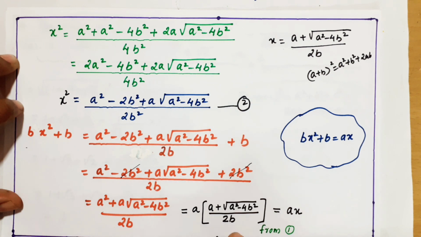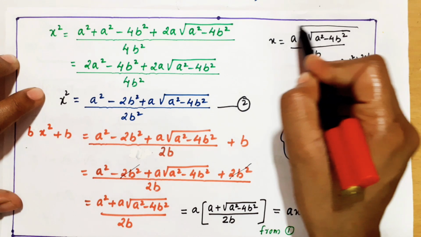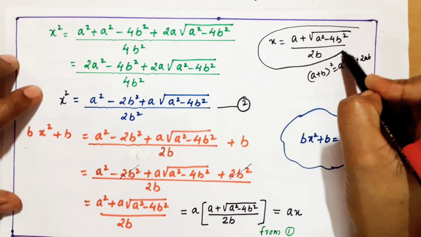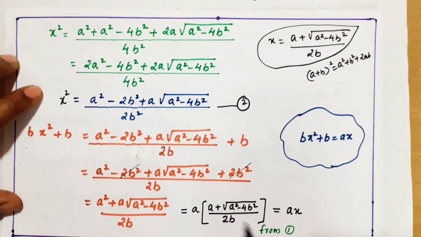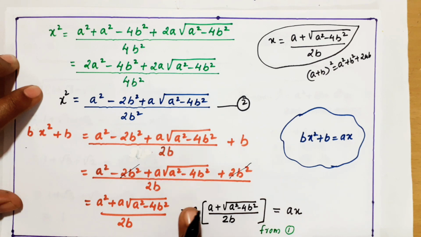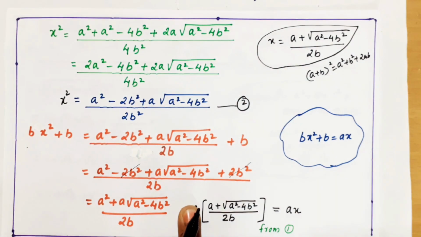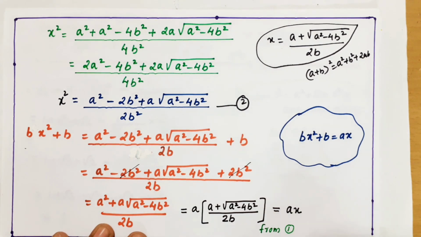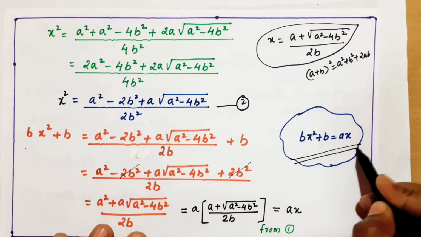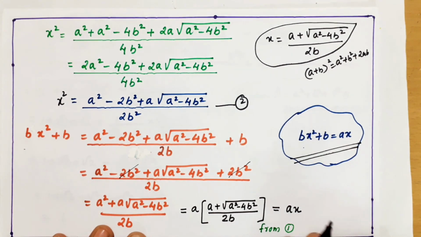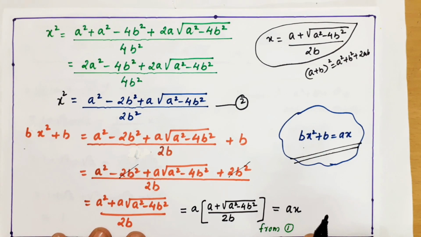If you check this term, already we found who is x. This is our x, right? So if you check this one, the term inside the bracket is your x. So you can write it as ax. So its simplified form is bx square plus b equals ax. This only we need to find.